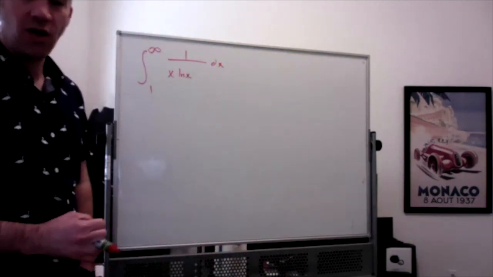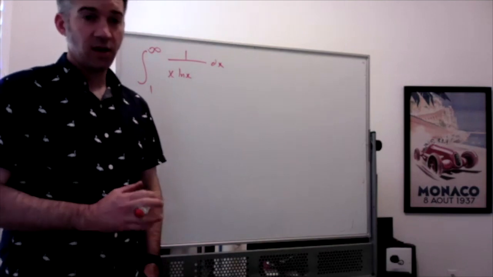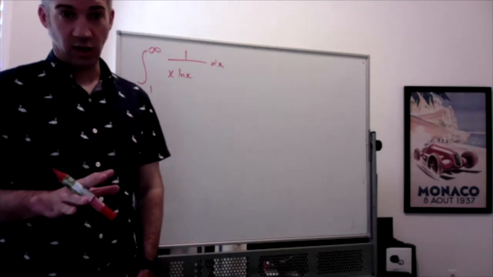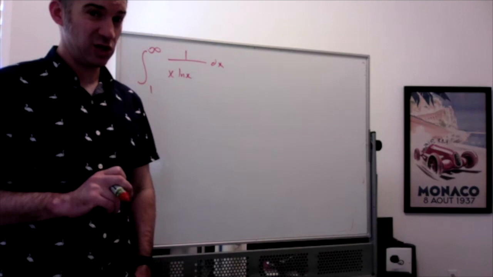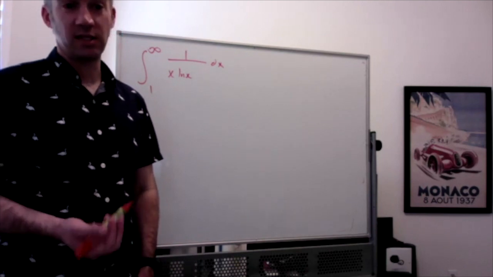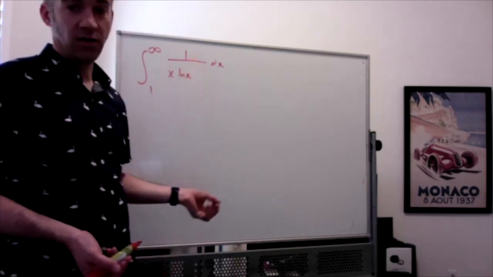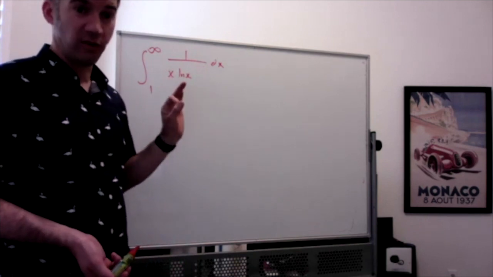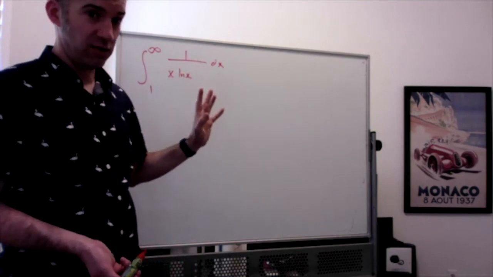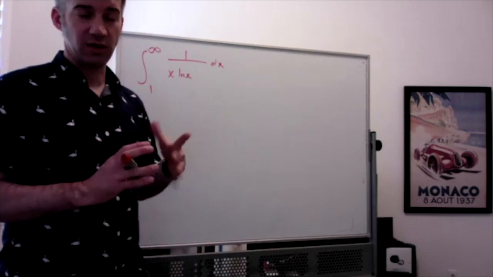Well, we have additional problems. In addition to infinity being an issue here, 1 is also an issue. The natural log of 1 is 0, so we have division by 0. Although this is going to diverge because the other one diverged, there's an extra step we have to take first.